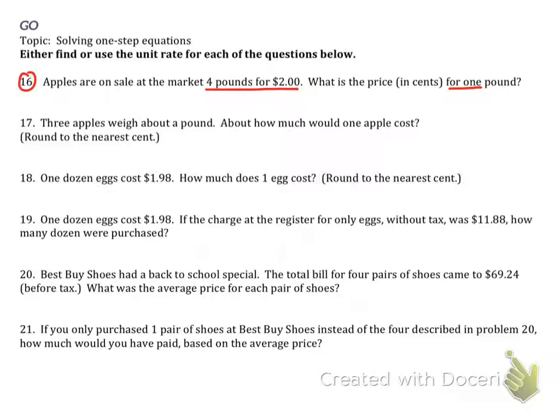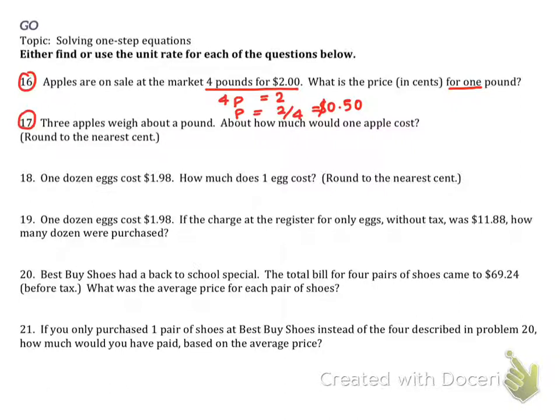I can write my equation: 4p is $2. What is the price per pound? That is 2/4. I divide both sides by 4, and that's going to be $0.50. If you want to simply calculate it in your head, you can do it, but let's do question number 16.